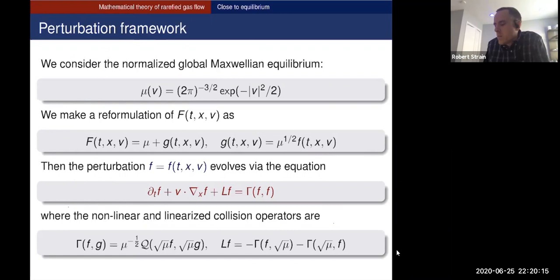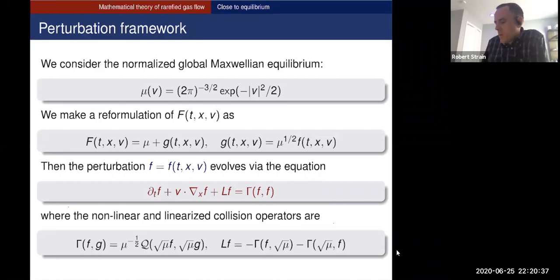And then the perturbation lowercase f evolves according to this equation here. So the time derivative of f plus v dot grad x of f plus the linear operator L of f is equal to gamma of f, f, which is a nonlinear operator. With our linearization, the linear operator will be self-adjoint in L2.